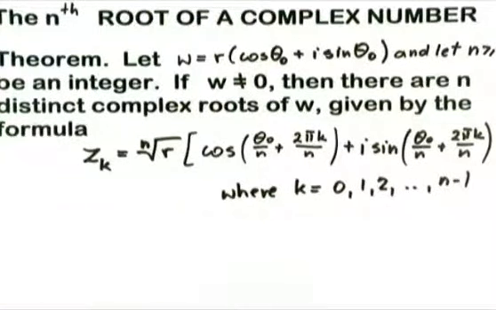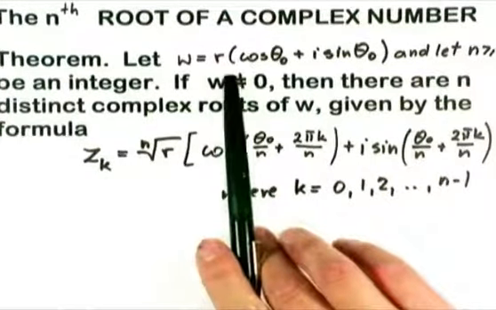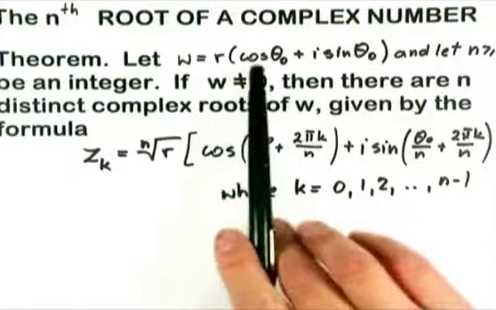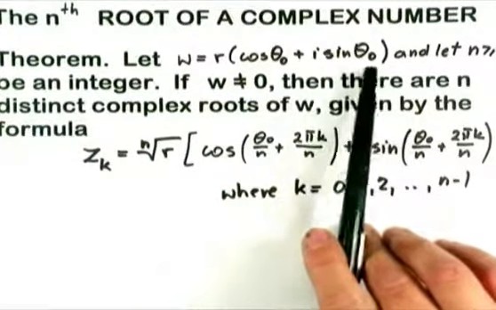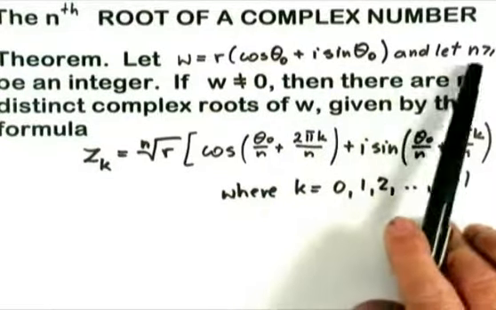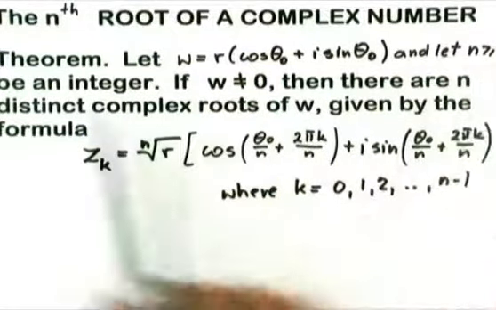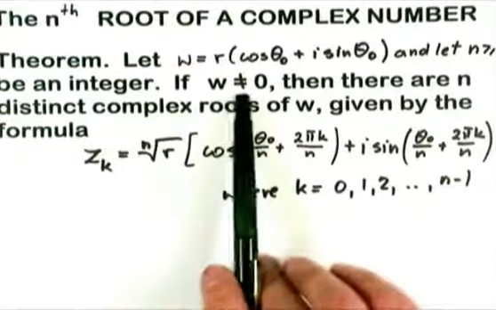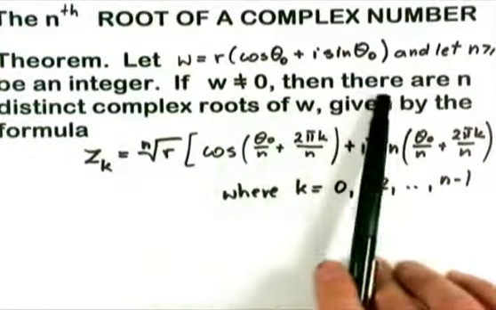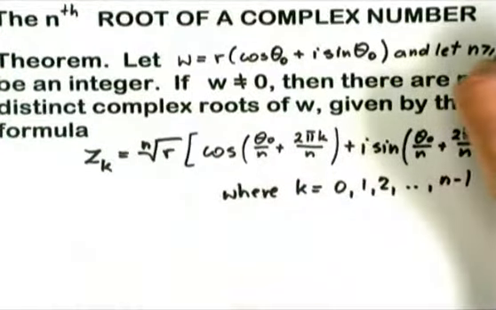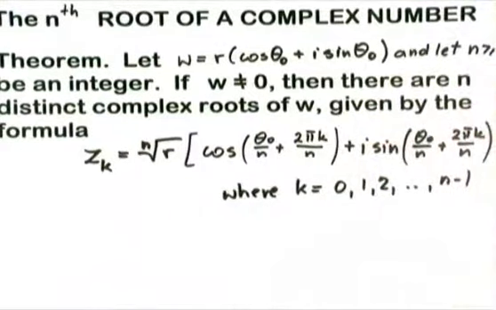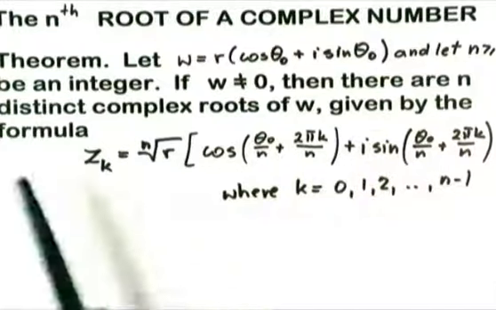And we had a theorem that if W, that's my complex number, is given in the polar form r cos theta sub 0 plus I sine theta sub 0, and we let n be greater than or equal to 2, any integer, and if W is a non-zero number, then there are n distinct complex roots of W, given by this formula.